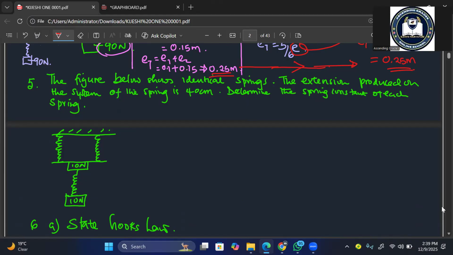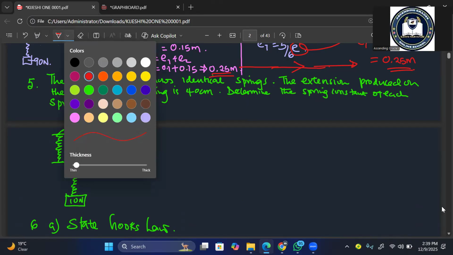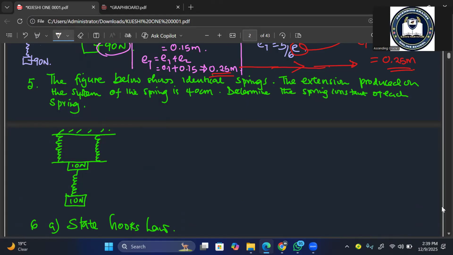Then you are told, determine the spring constant of each spring. So you can look at the setup the way it is. So now we solve.